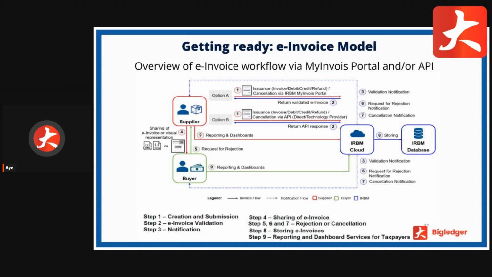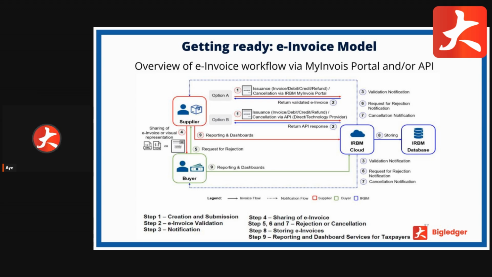Okay, then after that, the buyer can request for the rejection. The request for the rejection will be sent to the supplier. The supplier can accept the rejection, or they can just leave it or reject the rejection request. Once the request for the rejection is clicked by the buyer using MyInvois Portal or from the service provider portal, then the supplier will receive the notification.